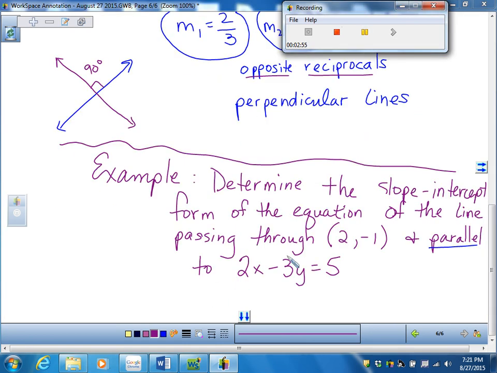Okay, now let's determine the slope-intercept form of the equation of the line that passes through (2, -1) and is parallel to 2x minus 3y equals 5.